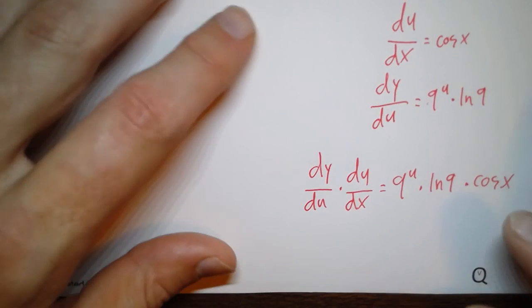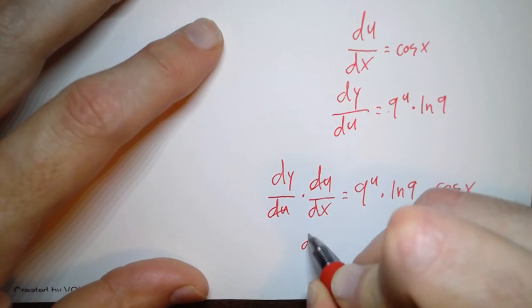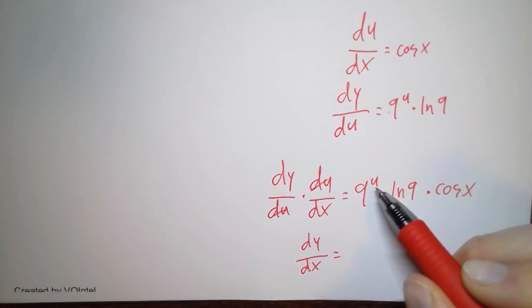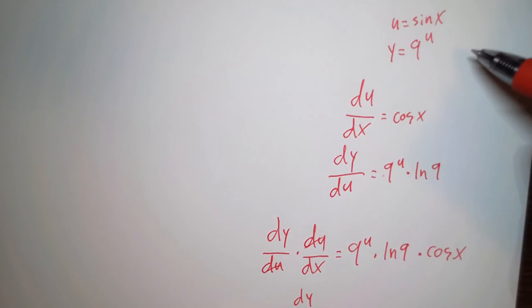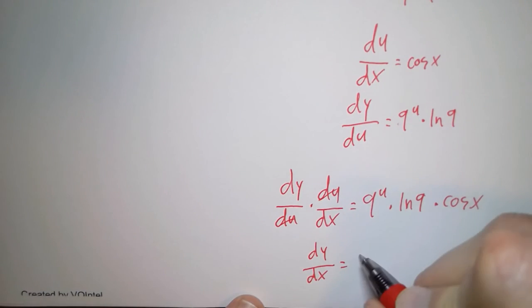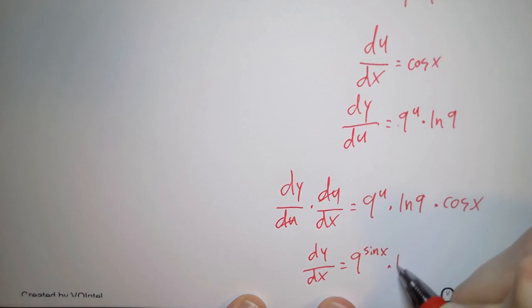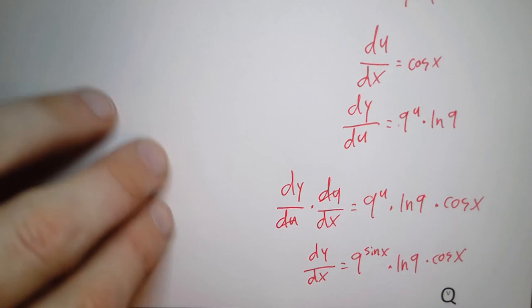Now what happens down here is that the du's cancel, and so we're left with dy dx. Now we have to pull out the u and say, well, what was u? Well, we set u equal to sine of x. So 9 raised to the sine of x times ln of 9 times cosine of x.